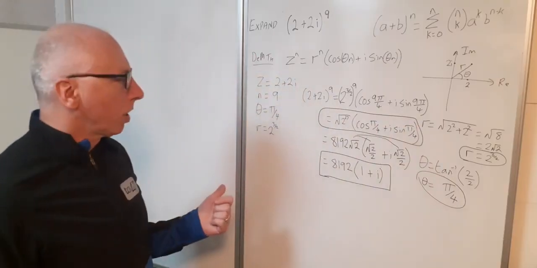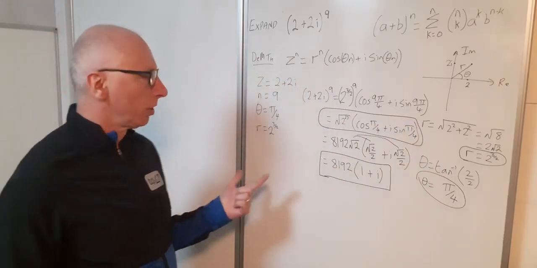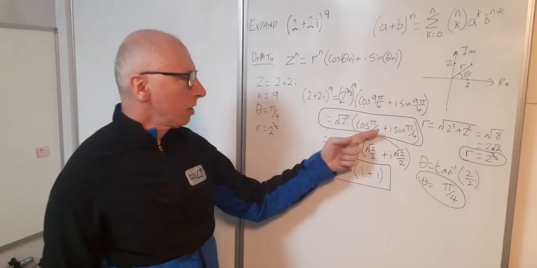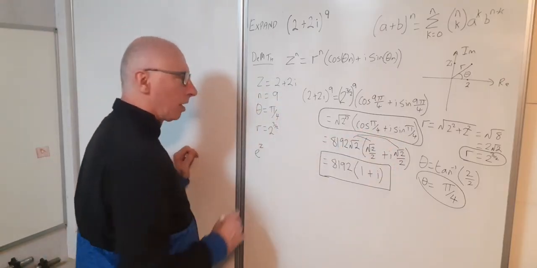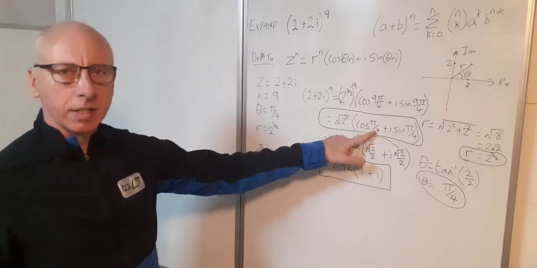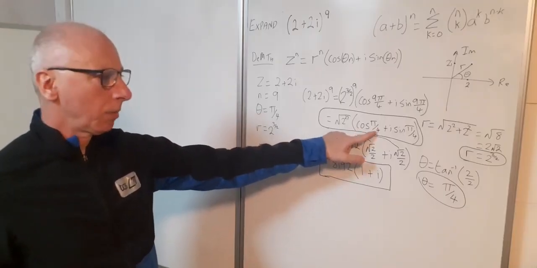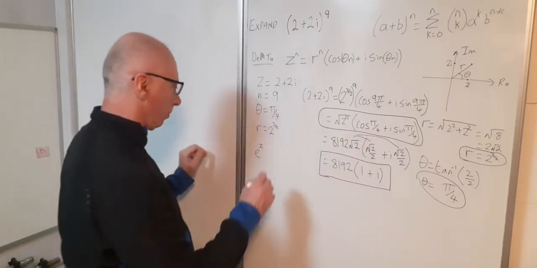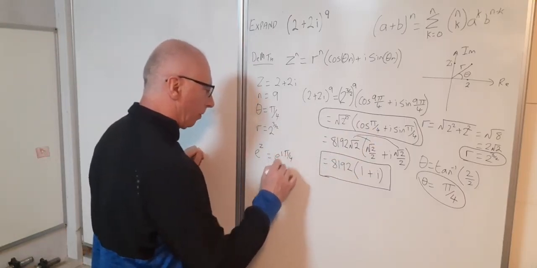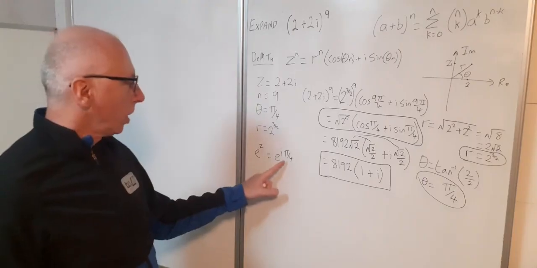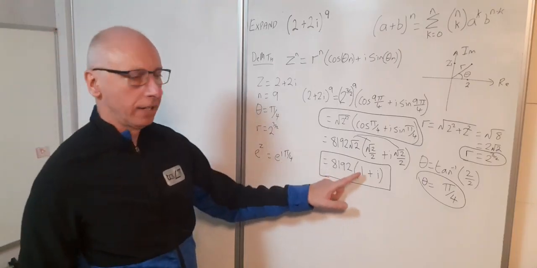And then we've also got our exponential version. So if we write this in terms of e to the z, here we've got e to the i pi over 4. So I can exchange that and plug that into there.